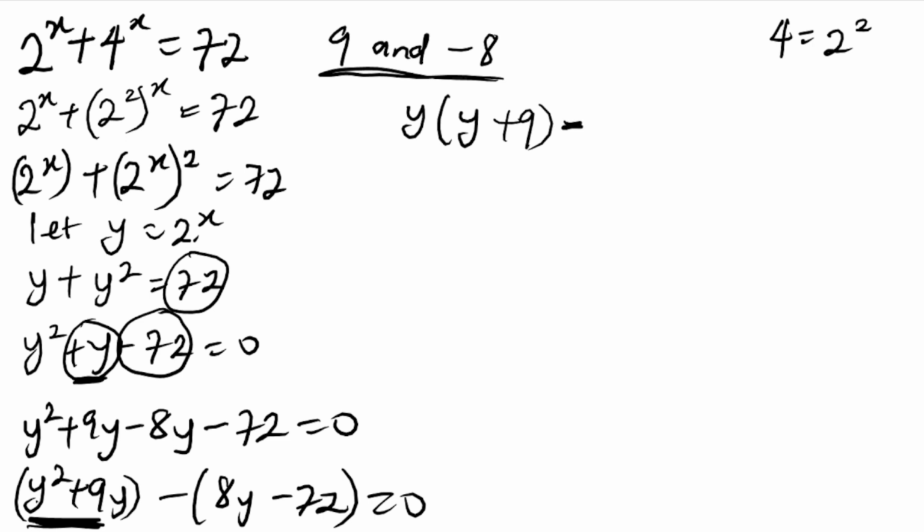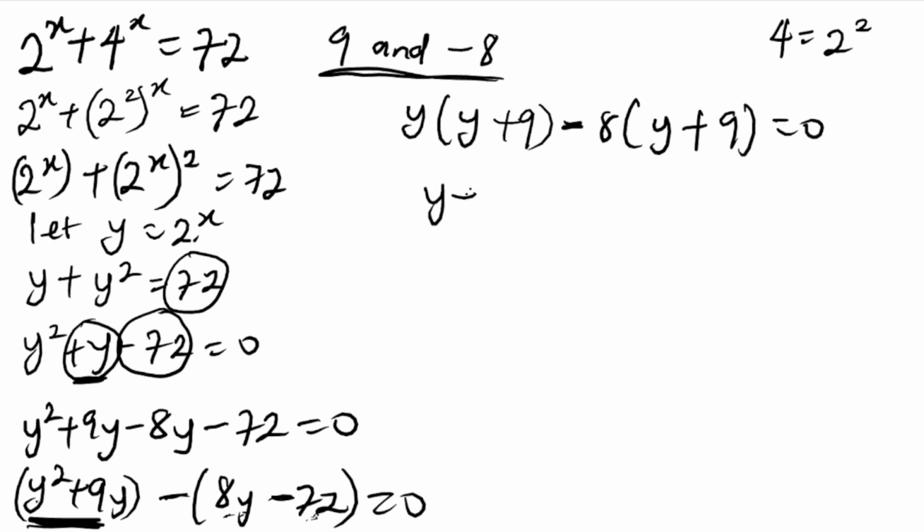Then minus, there is something common between them, which is 8. Now 8y divided by 8 gives us y, minus multiplied by minus gives us positive, then 72 divided by 8 gives us 9, equal to 0.